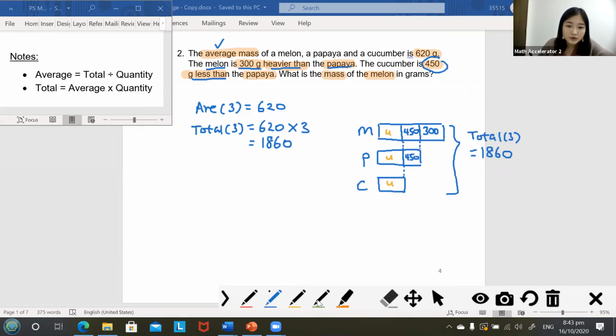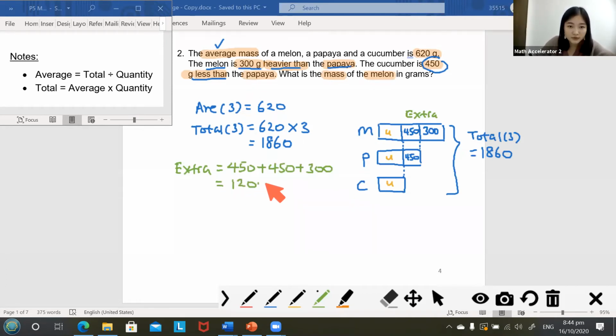Right, so next we need to find what? Very systematic, right? You can refer back to previous questions. What have we been doing after we find total? Find the extra. Correct. Because we need to take it away from the total before we can be left with the 3 units here, right? We don't want the extra here. So we have 450, 450, and 300. Okay, can you add it up for me? What is the extra? Okay, 1,200.